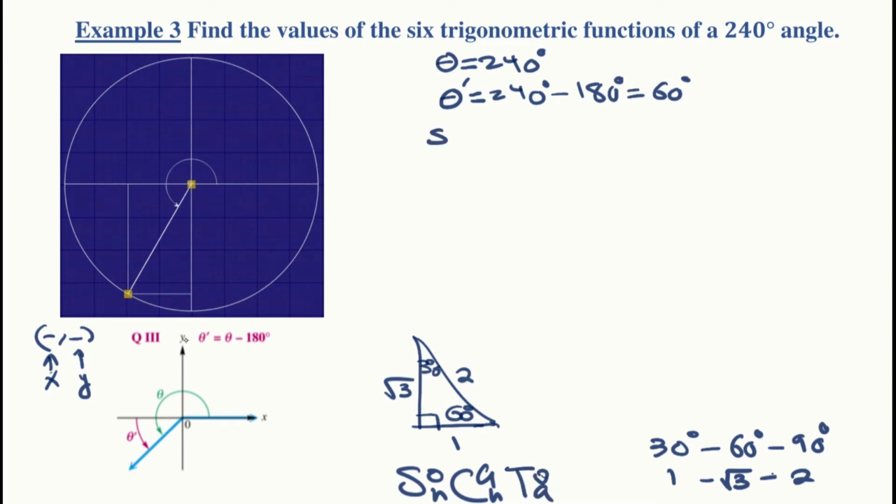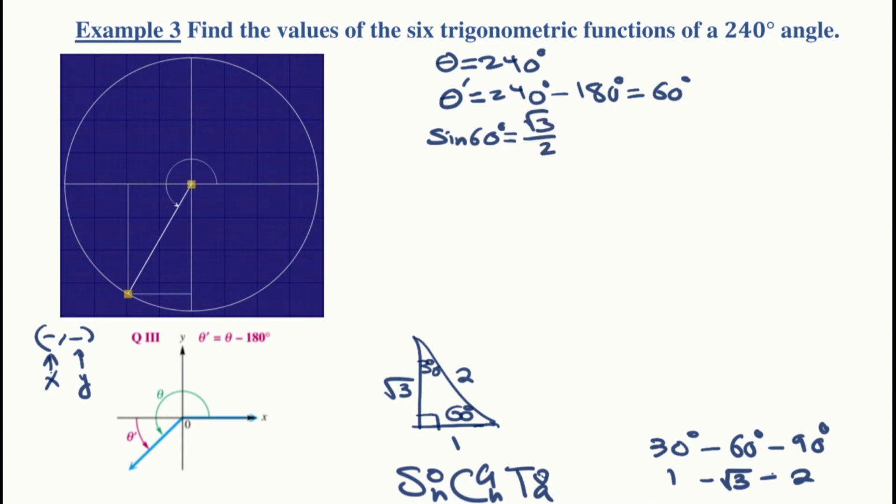So the sine of 60 is going to be opposite, square root of 3, over 2, the hypotenuse.